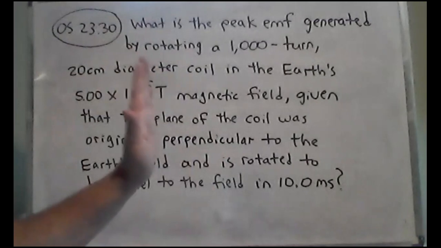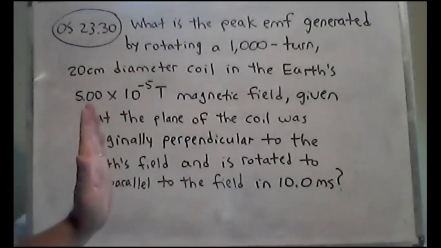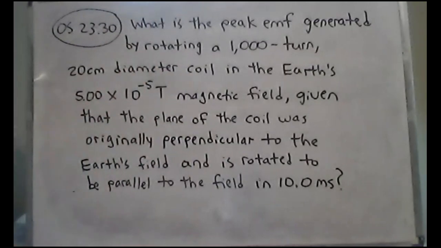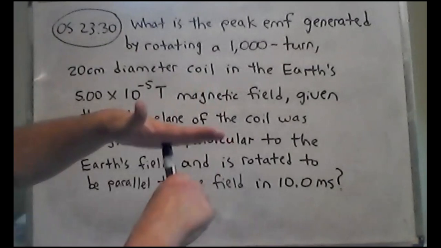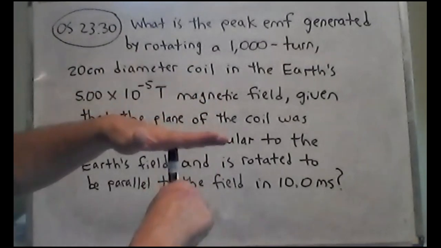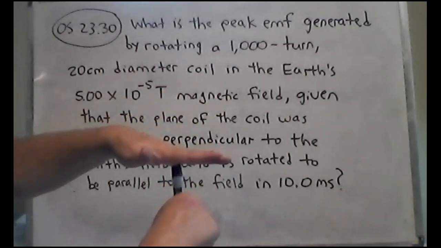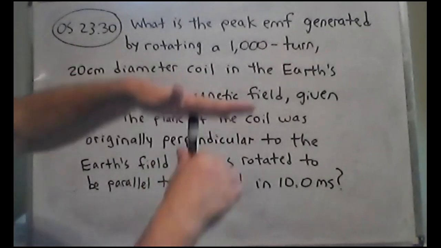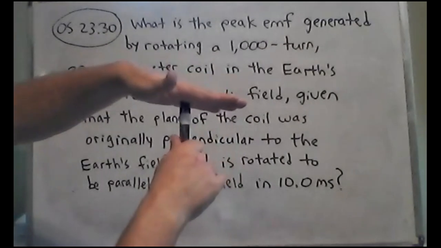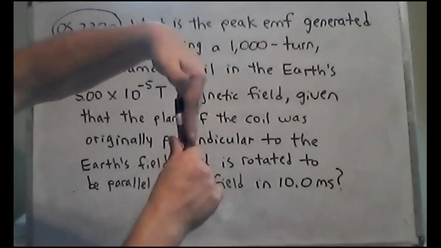I'm sorry, the magnetic field is straight down. The plane of the coil will be like this. Here's the magnetic field straight down. The coil is originally perpendicular. And in 10 milliseconds, it's going to go to parallel. So it's going to rotate from perpendicular, in 10 milliseconds, to be parallel.